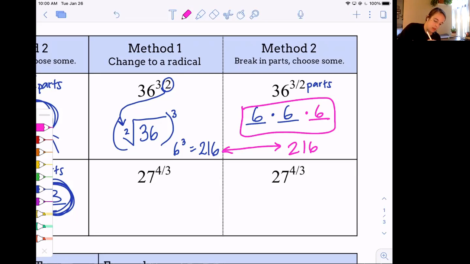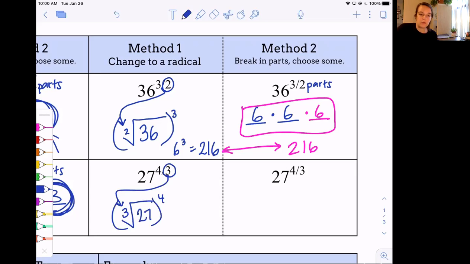Radical form. For my radical form, I'm going to take the 3, make it my index, cube root of 27. I want to take that to the power of 4. So cube root of 27 is 3 to the power of 4. What's 3 to the power of 4? 3 times 3 times 3 times 3. 81 for sure.